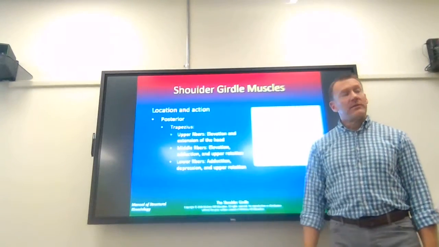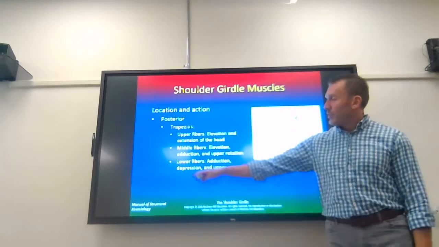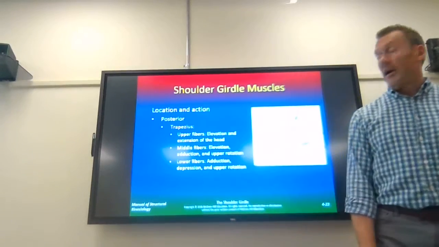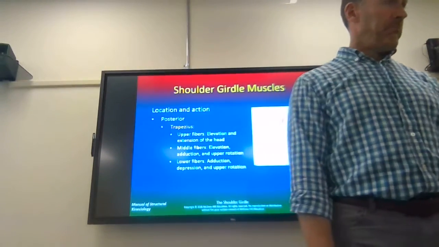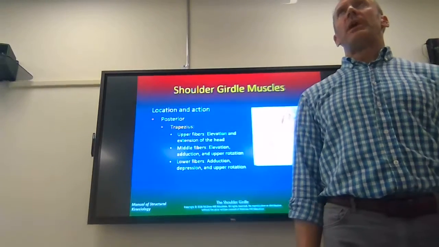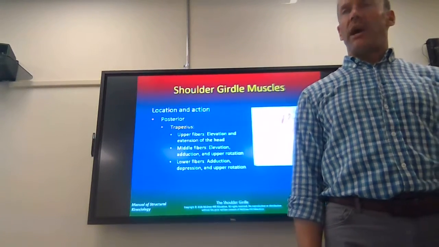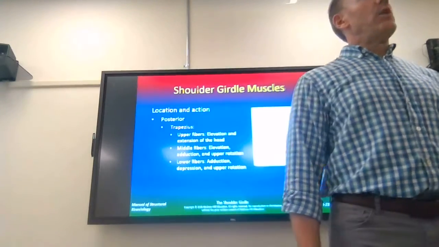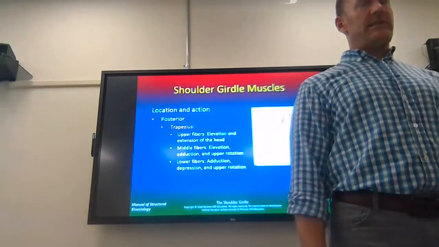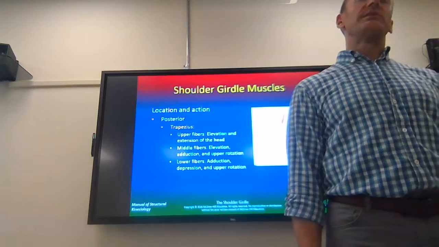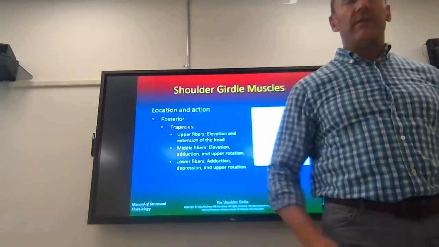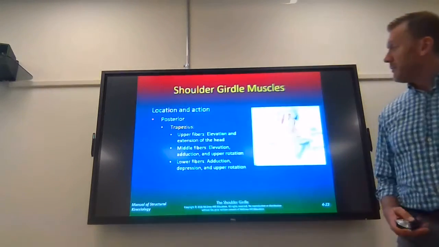Lower fibers, interestingly, work with the pec minor in depression. So at the end of the parallel bar dip, if you really want to emphasize pec minor and lower trapezius, you want to make sure you're actively pushing your shoulders down before you initiate that next repetition.